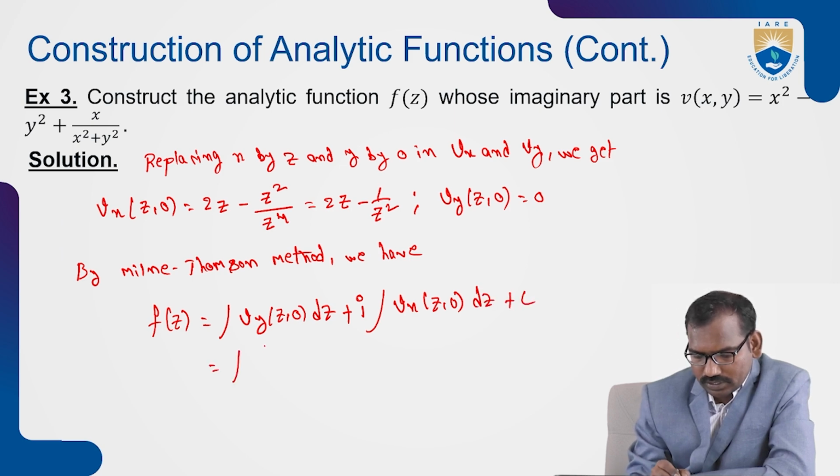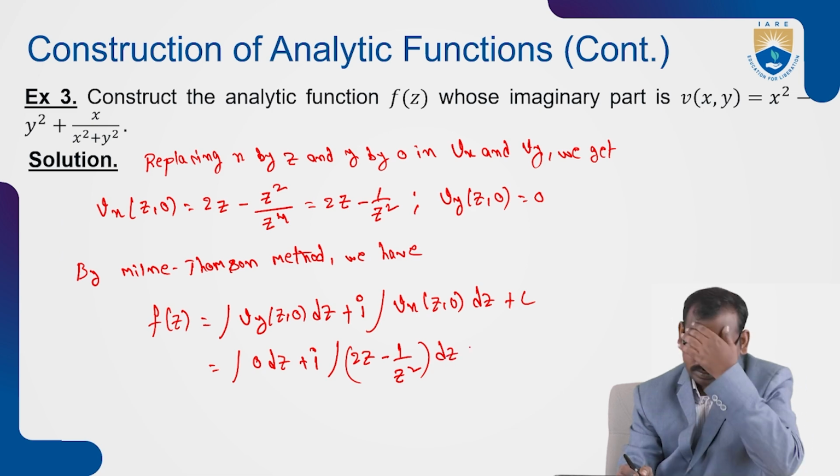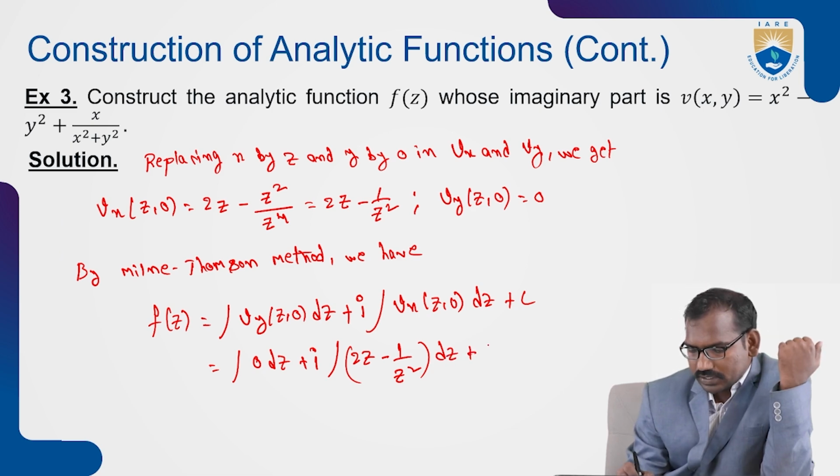So you can see here v y is 0 times dz plus i times integration of 2z minus 1 upon z squared dz, plus c.